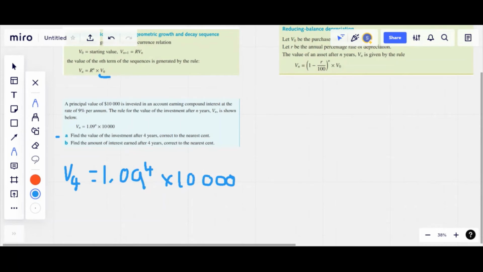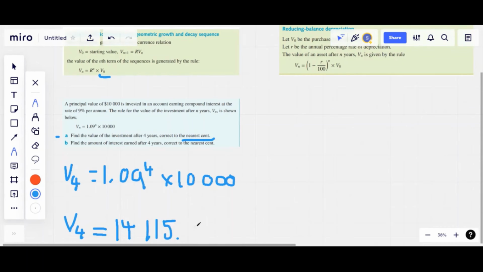So if we calculate that, V4 will be equal to 14,115 dollars. We need to calculate that to the nearest cent.